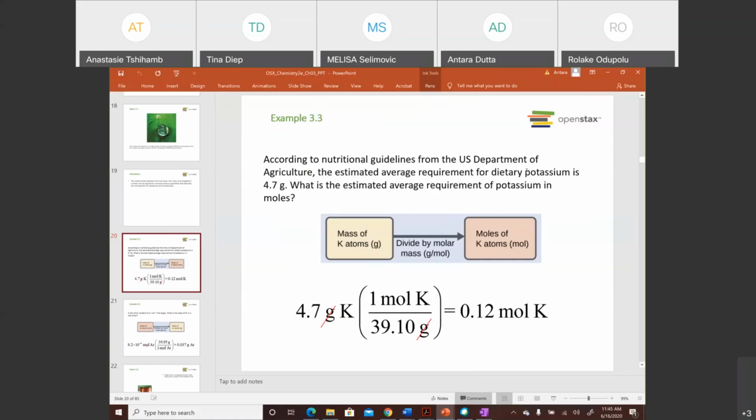What is the estimated average requirement of potassium in moles? It is not easy to define everything by mole always because it is a counting unit, right? Counting is not always possible because atoms are so tiny. So most people conveniently use the grams unit. Now, sometimes we may have to know how many moles this many grams actually means. So that's why we do this conversion.